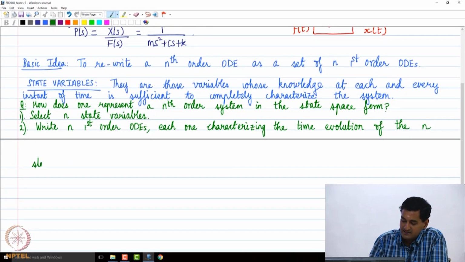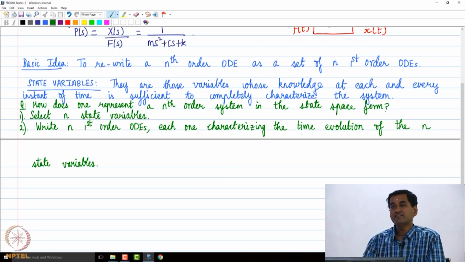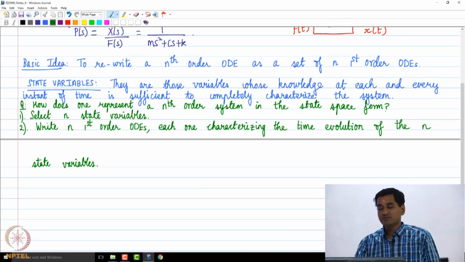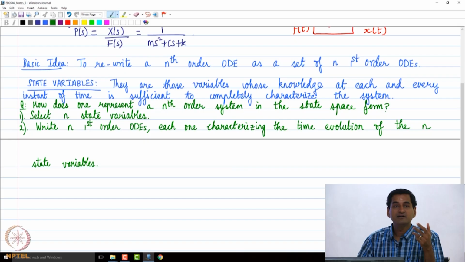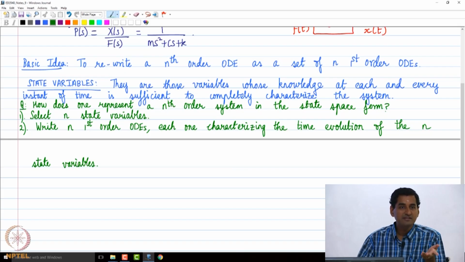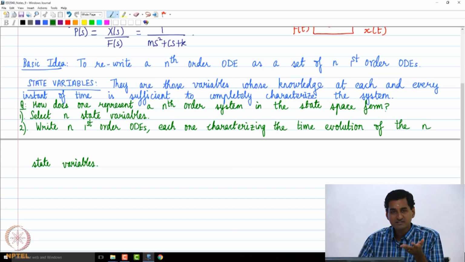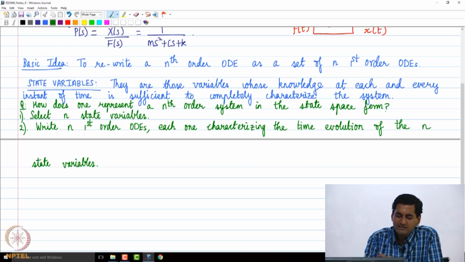Okay, so that is the second step. Okay, so we have n state variables. What you do is that essentially you write down n first order ODEs, each one characterizing the time evolution of each state variable. Okay, we will understand what it is shortly. Okay, and then we collect them.